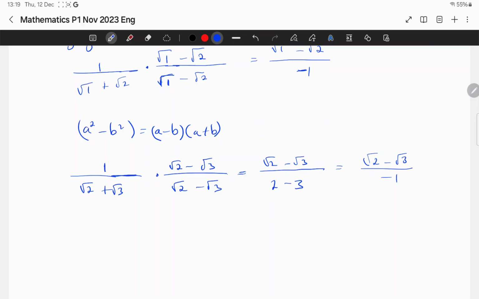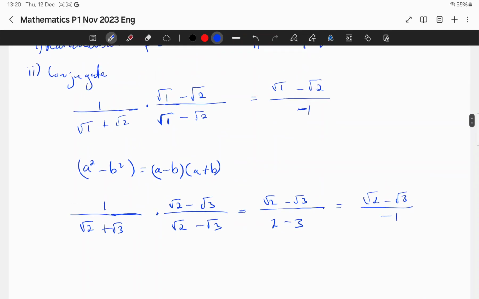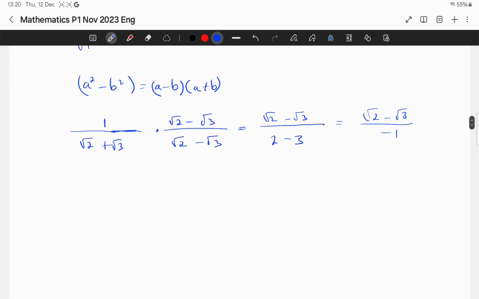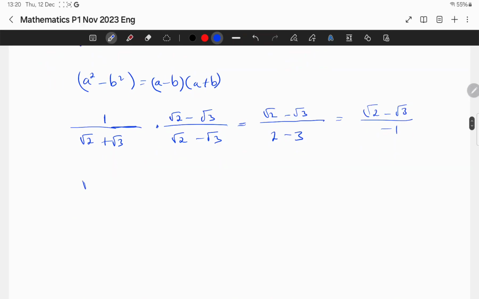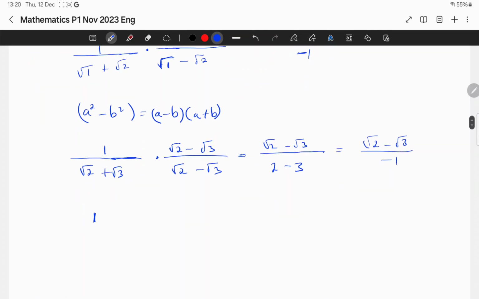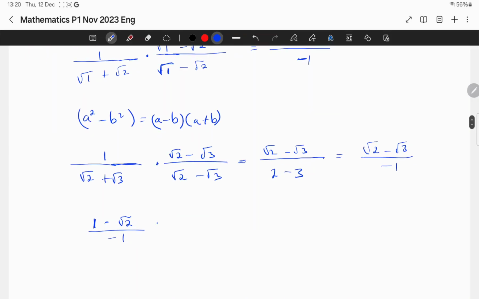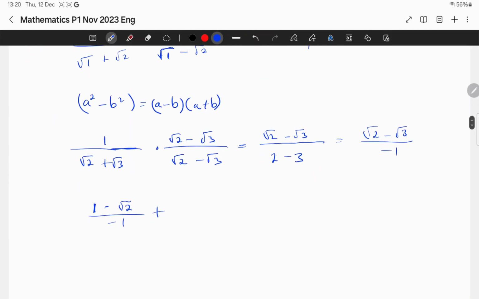Okay, so now we see that there's this recurring trend. So we combine the two simplifications that we found. What do we get? We get root 1. Root 1 is just 1. We can just write that as 1 minus root 2 over negative 1. Then we add the following term, which is root 2 minus root 3 over negative 1.